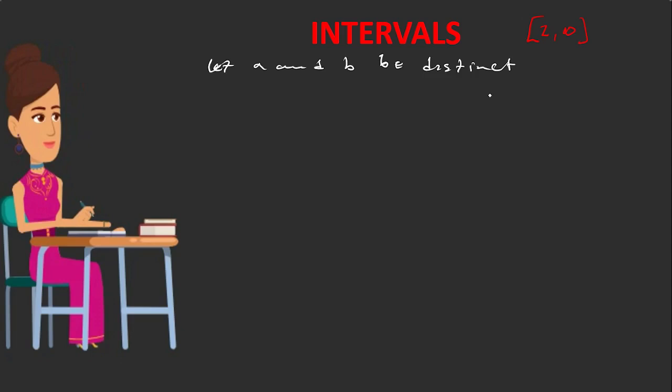So let's say we have A and B to be distinct real numbers, with A less than B. I'm simply trying to say that A is smaller than B. Then the interval with A and B can be denoted in different ways.